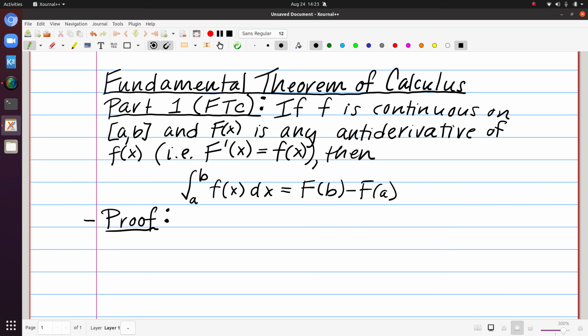And we can also visualize why sending the number of rectangles n to infinity should give us an exact value for that area. Notice that looking at the expression I've written here for the integral, there's not really any intuitive reasoning for why capital F of b minus capital F of a should equal that area under the curve.